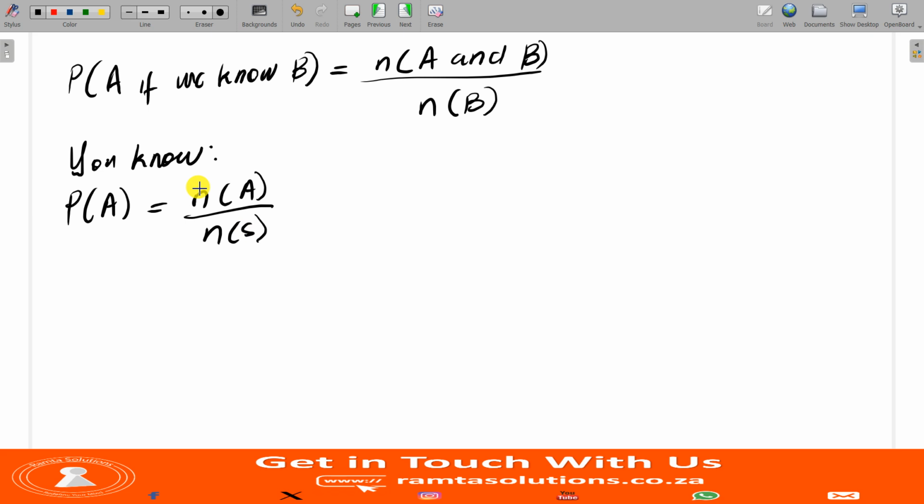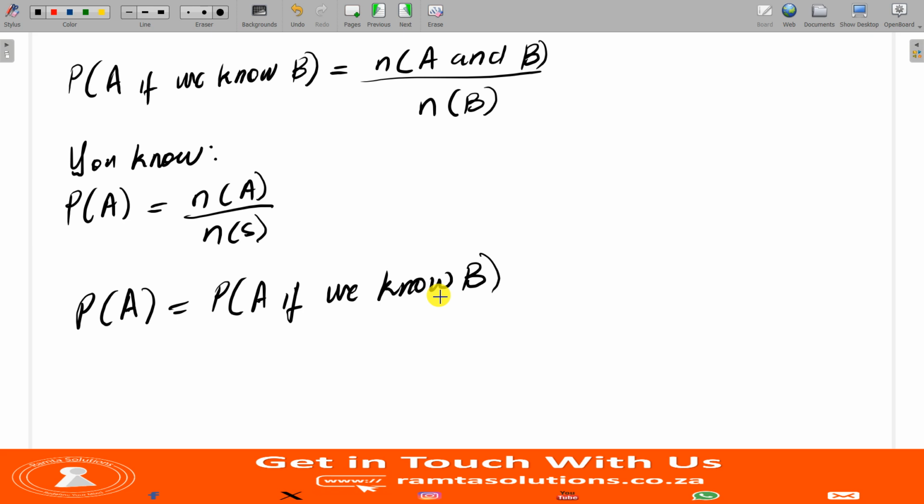So what we are also saying is that probability of A is basically probability of A if we know B.